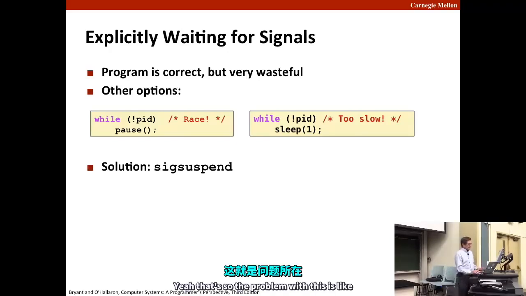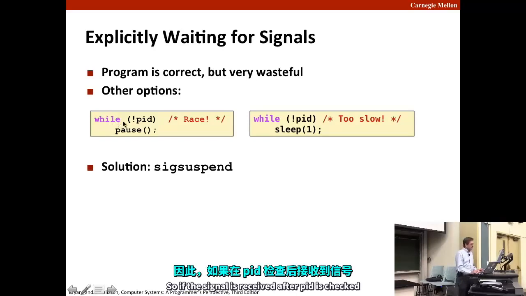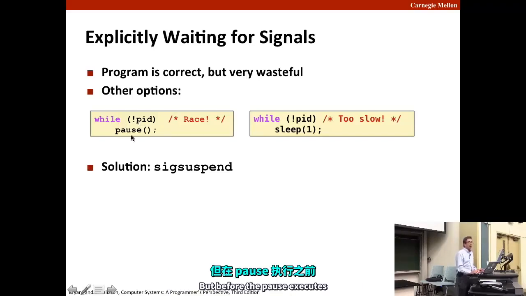Yeah, so the problem with this is, if the signal is received after PID is checked, but before the pause executes, which is possible, right? It's unlikely, but it's possible.